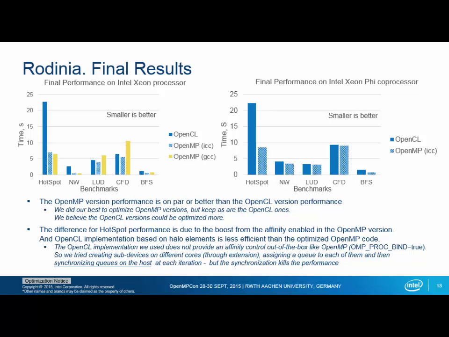We tried to do it manually by dividing the NUMA system into sub-devices, but we had no success. It had no effect. We just decreased our performance with such changes, and we stopped there.